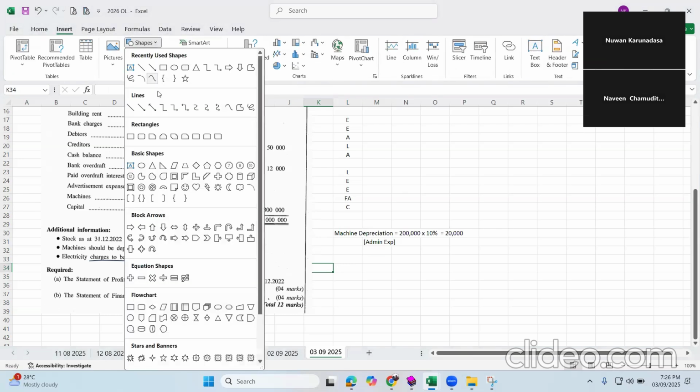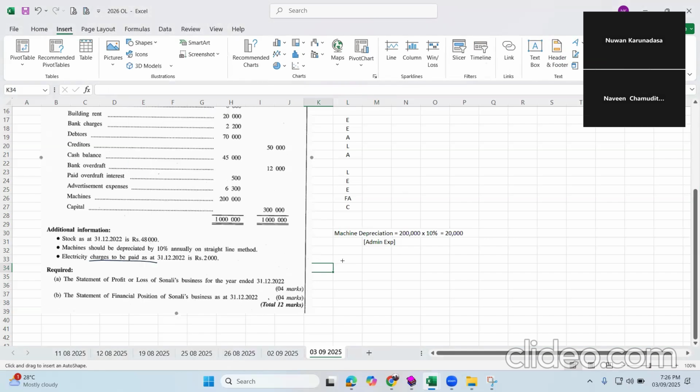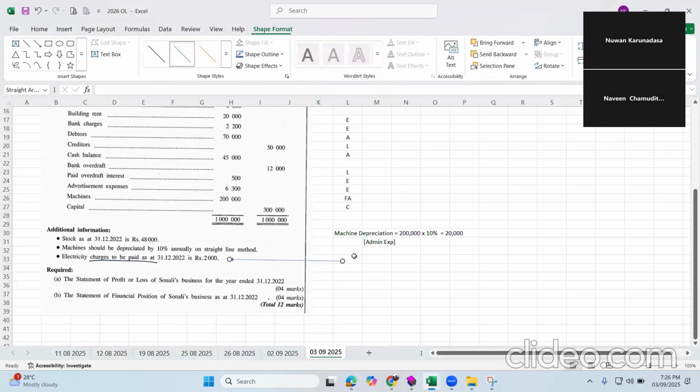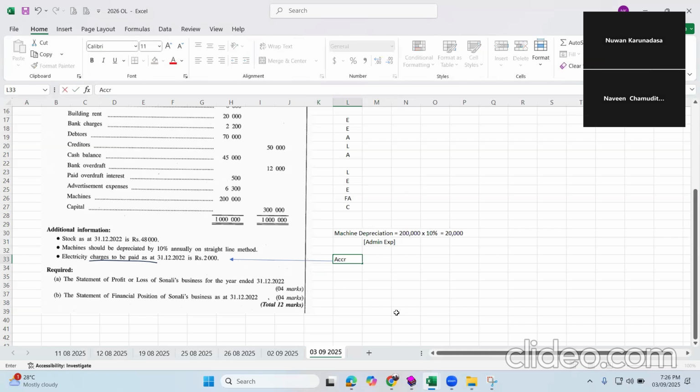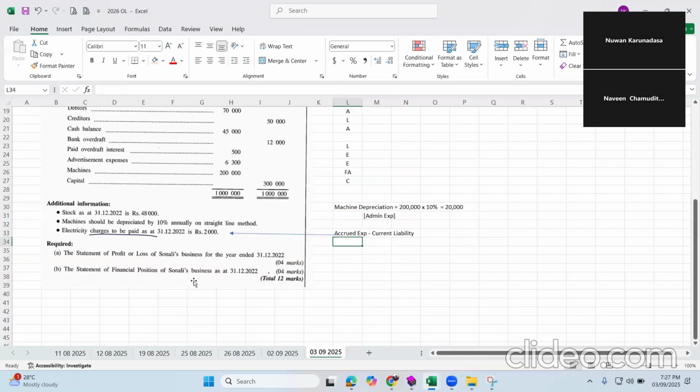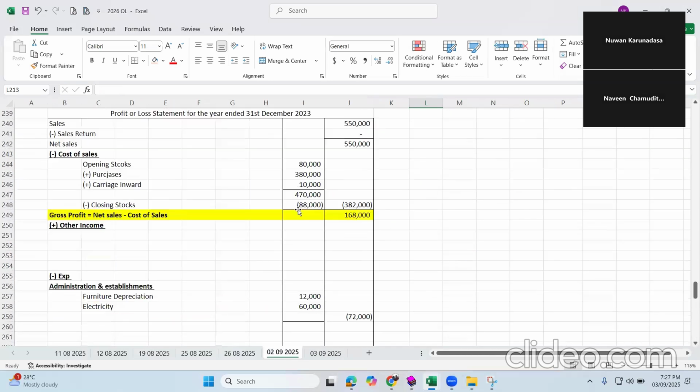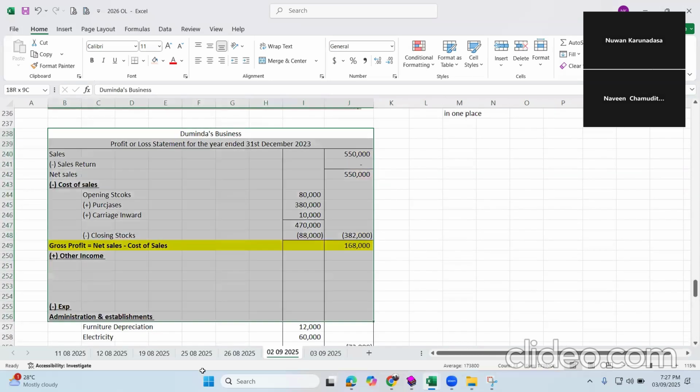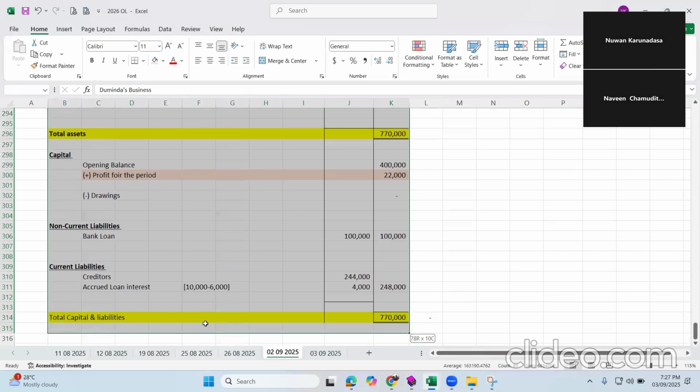Accrued expenses are a current liability. Right? They're asking you to prepare the profit and loss account and the statement of financial position. For my easy purpose, I'll copy both formats and it's easy for me.